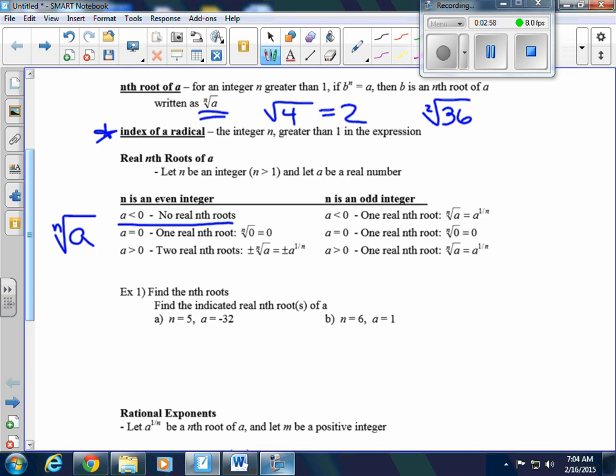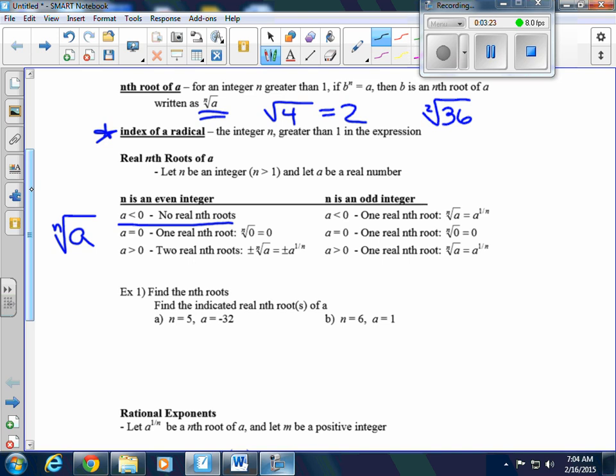And if the number inside your root, your radicand a, is bigger than 0, then you're going to have two real nth roots. And that's going to be plus or minus that. Just like when we have the square root, we had to take the plus or minus of both sides. Okay? So that is if n is an even integer.